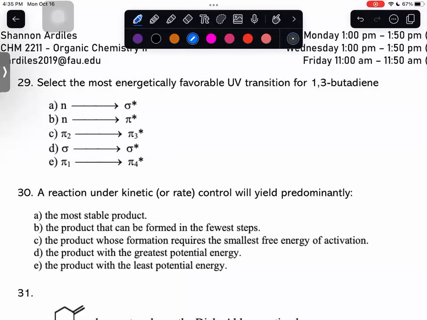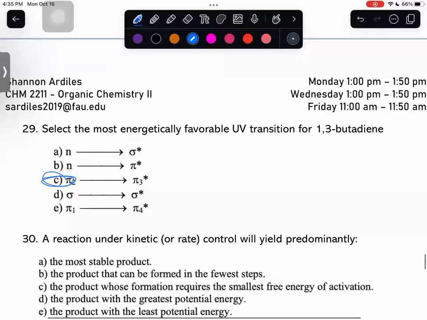29, what's the answer? Beautiful. What could be another answer instead of pi 2 to pi 3? No? Okay, the most favorable energy transition is pi 2 to pi 3.